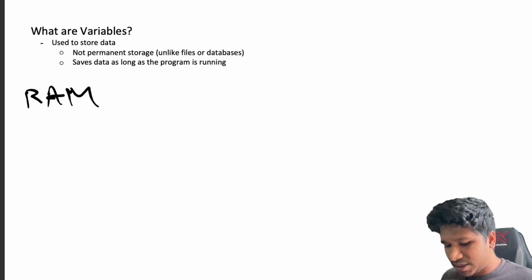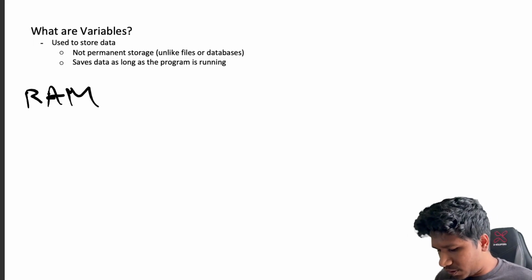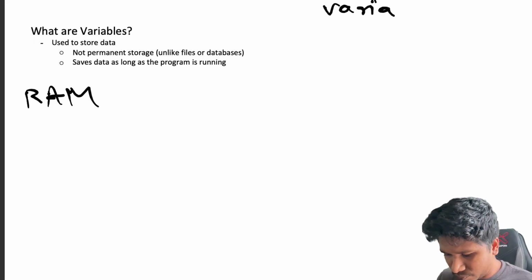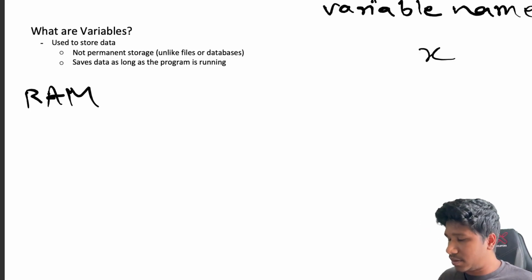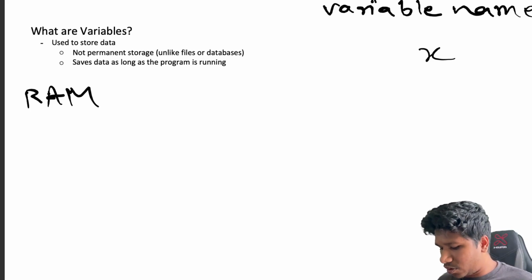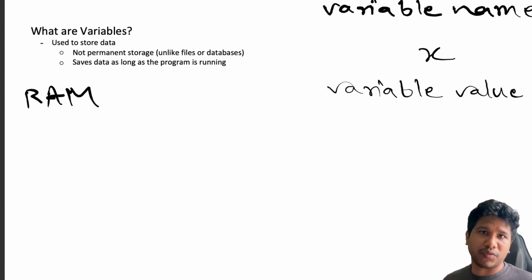Basically, variables have two things: a variable name, let's say we have a variable called x, and it also has something called a variable value. That is basically the data that we want to store in that variable.